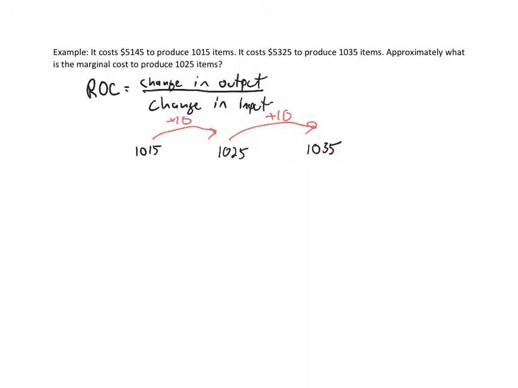So I would guess that the marginal cost is approximately the slope around that point, or the rate of change around that point. So we want to look at the change in output. The output would be cost. Over the change in inputs. The inputs would be the items being produced.